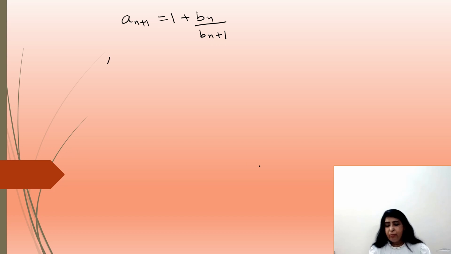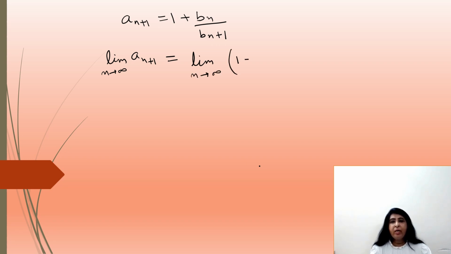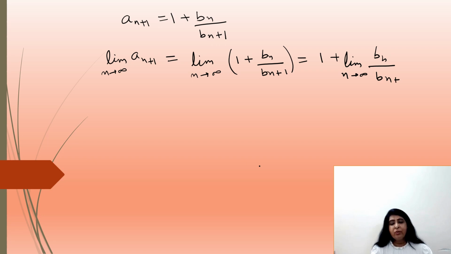Now the limit as n approaches infinity of an plus 1 is equal to the limit as n approaches infinity of 1 plus bn divided by bn plus 1. Which is equal to 1 plus the limit as n approaches infinity of bn divided by bn plus 1.